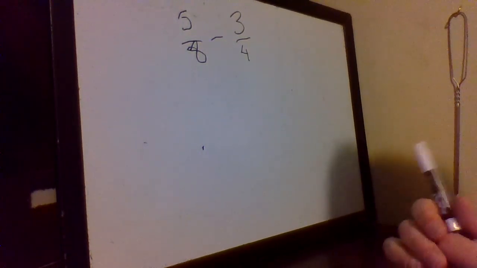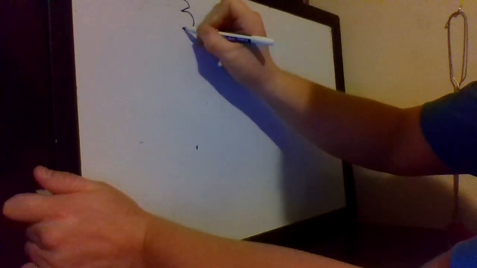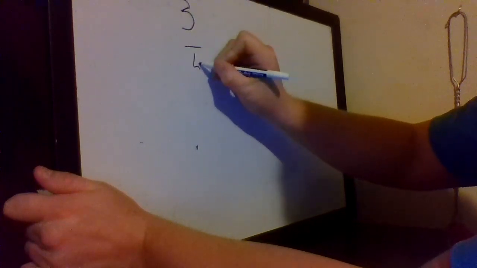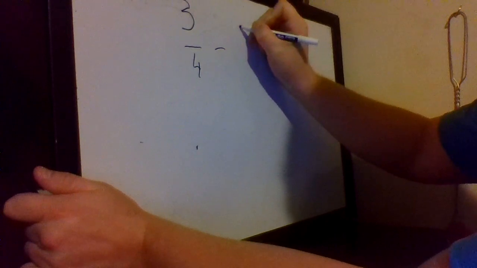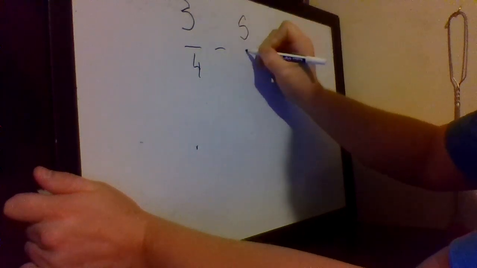Which is actually, 3/4 is going to be bigger. So we need to rewrite that and put the 3/4 in front. See, this is what I'm talking about. Subtraction is like that. Order matters. So let's put the 3/4 in the front. 3/4 minus 5/8.